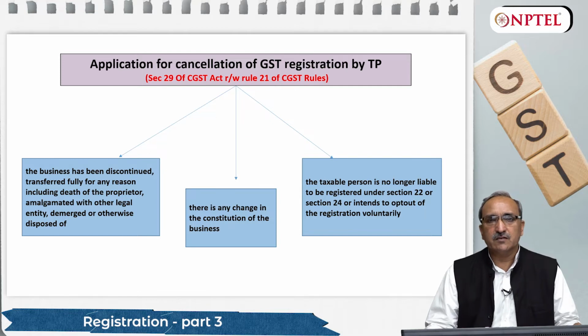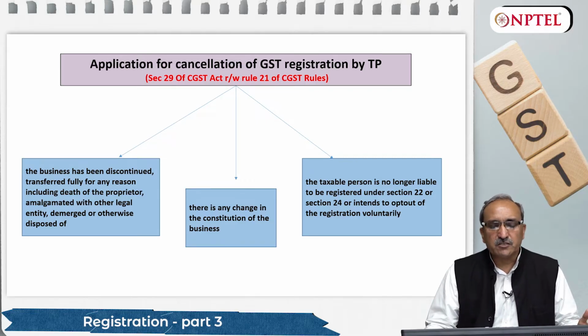supposed to be cancelled on the initiative of the taxable person, means if the taxable person has initiated the process of cancellation, there can be various reasons for cancellation of registration. Business closure is one of them.